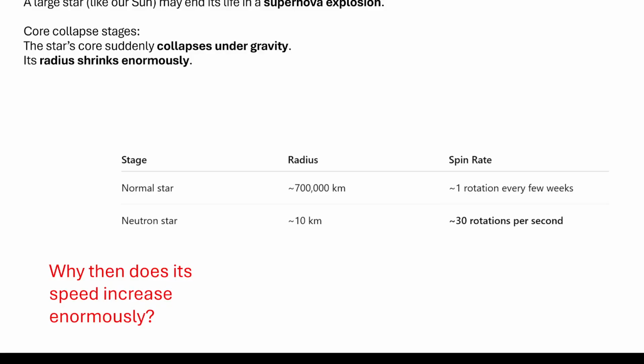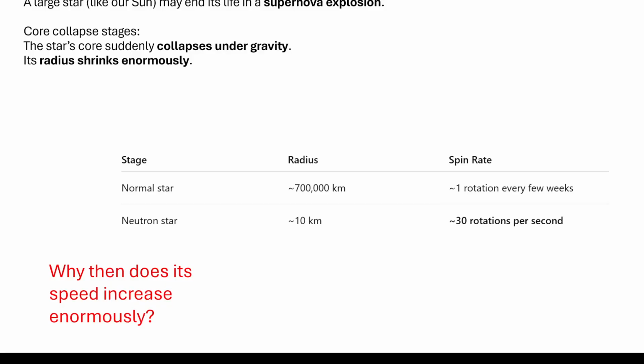Once you've done that, as you can see, you have a normal star whose radius is around 700,000 kilometers, and it is making one rotation every few weeks. When it has ended its life, it starts collapsing because of gravity, and the radius is shrinking.